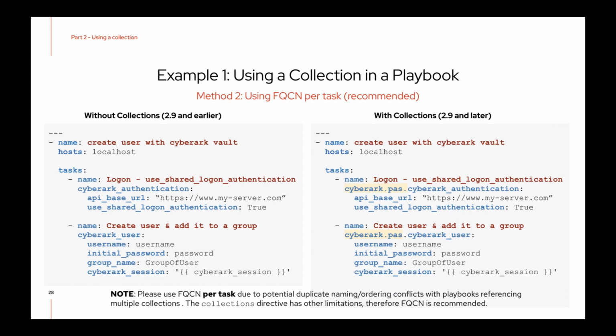Even if you did that, what about module collision? That's why I really recommend fully qualified collection names. What if I have two module names that are the same? Because I no longer have collection and name lookup. If I have module collision, that's when I have another problem.